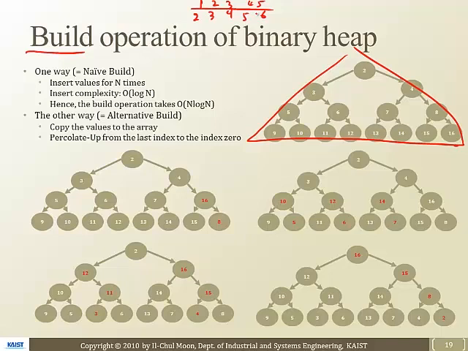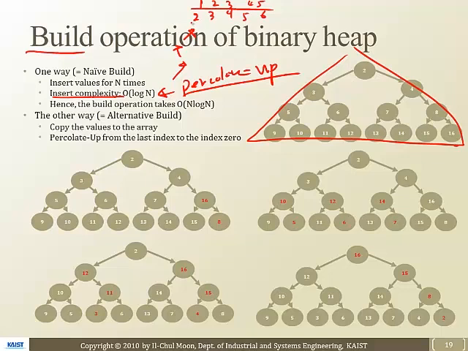And one way is that we just insert these n values one at a time, right? The insertion takes a percolate up. So the insertion complexity is order of log n, because it might reach the root in the process of the percolation.